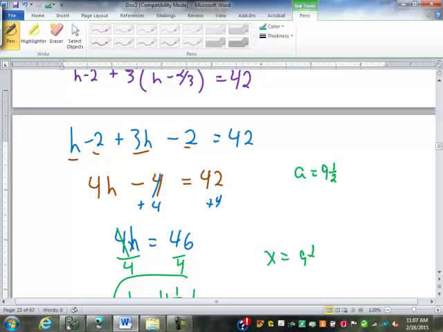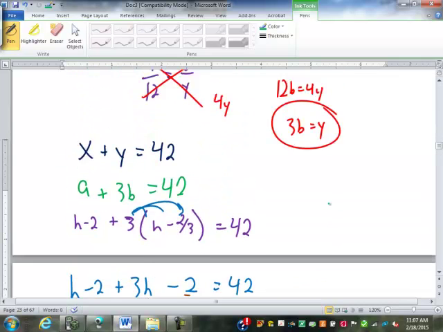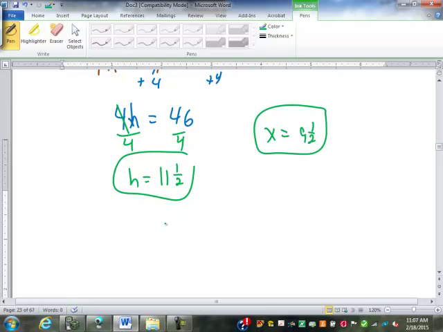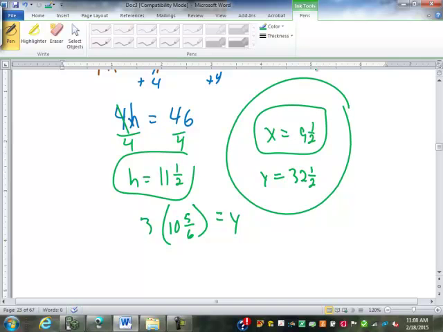So X is 9.5. B equals H minus 2/3. H minus 2/3 would be 10 and 5/6, times 3 gives us Y, right? So that's 32.5. Y. See how simple that is?